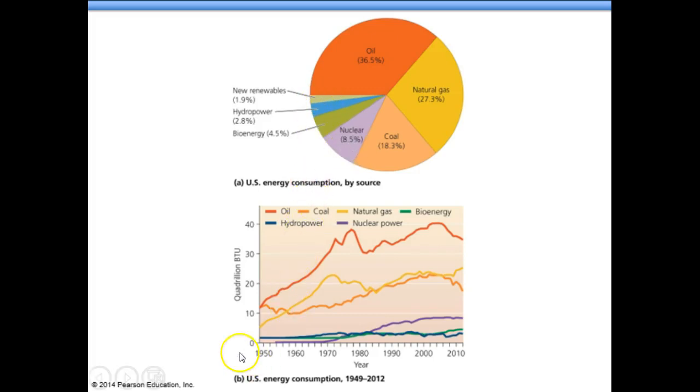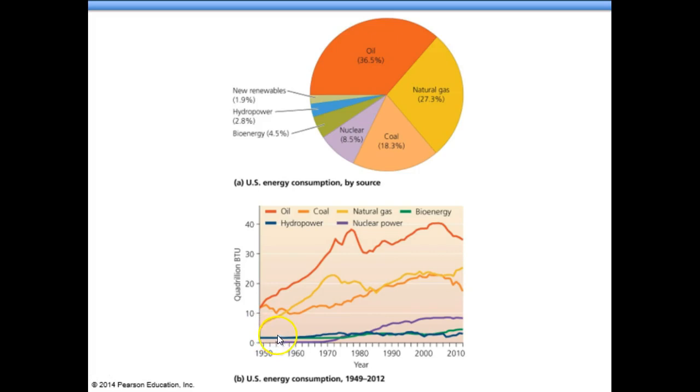When we come down here and look at this graph of energy consumption, fossil fuels, as we know from the pie chart, predominate in the U.S., and we see that U.S. consumption of fossil fuels grew considerably faster than that of bioenergy, hydropower, or even nuclear power between the years 1970 and 2000.